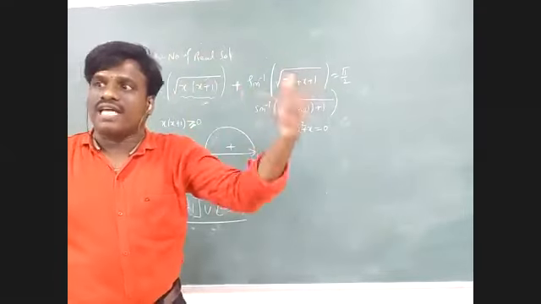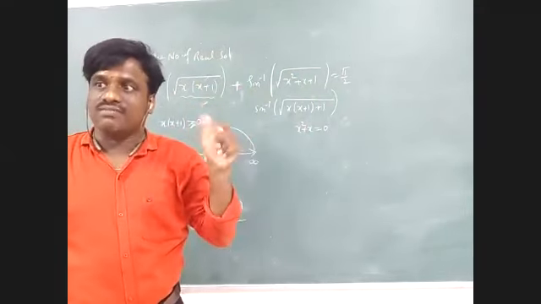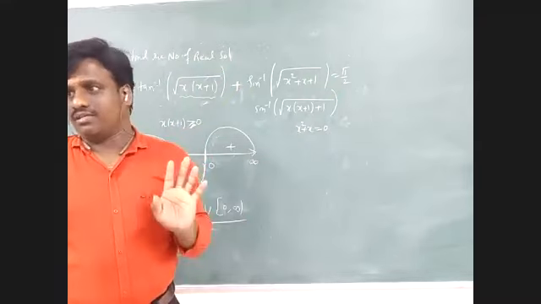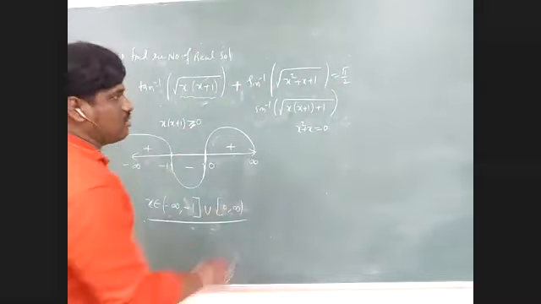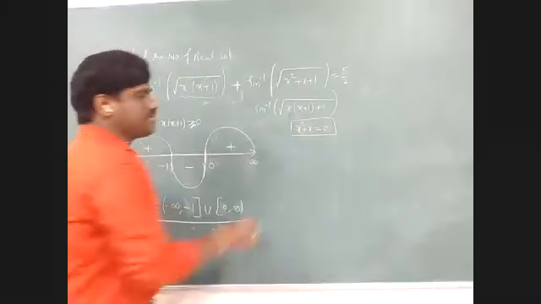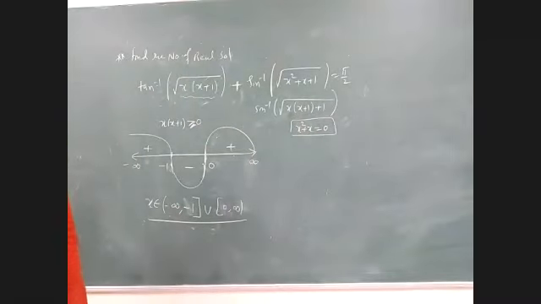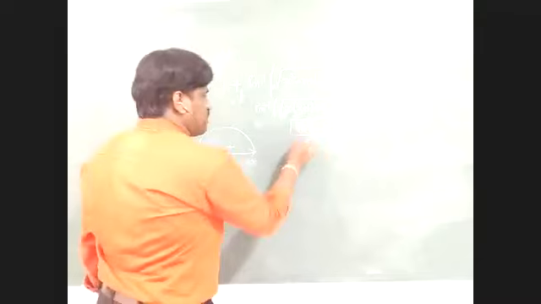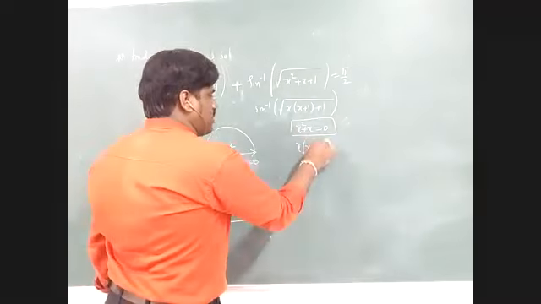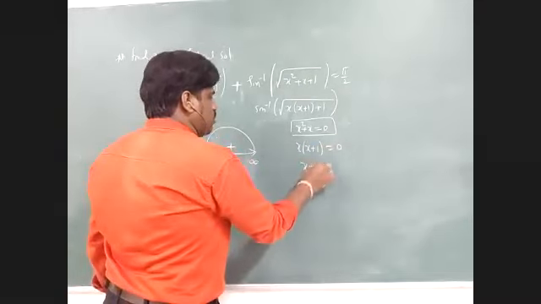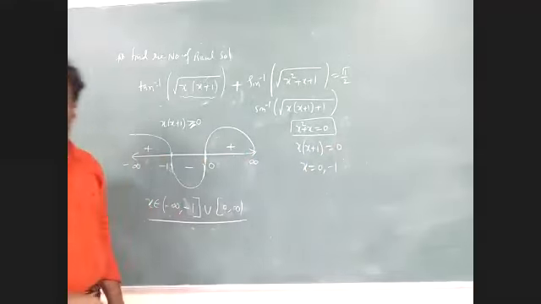Sine inverse accepts till 1 only. It means x square plus x plus 1 should be 1, so x square plus x should be 0. Taking x common, x into x plus 1 equal to 0, it means x is equal to 0, minus 1.